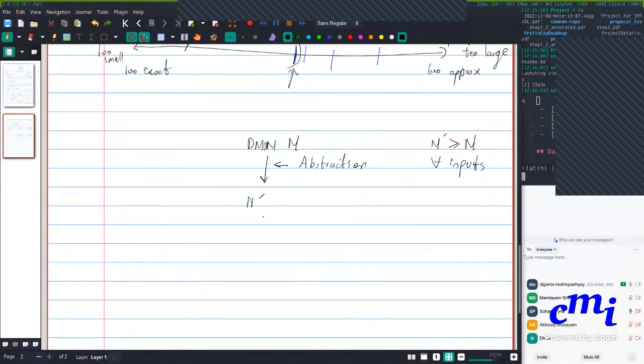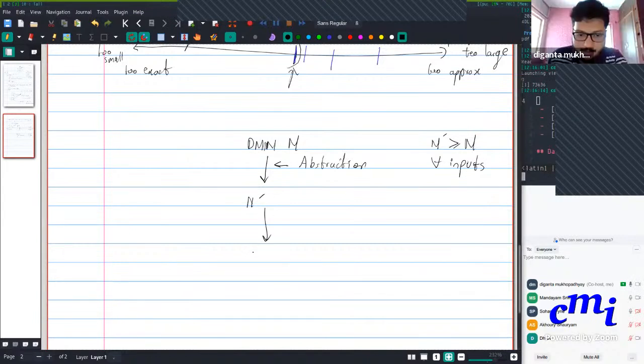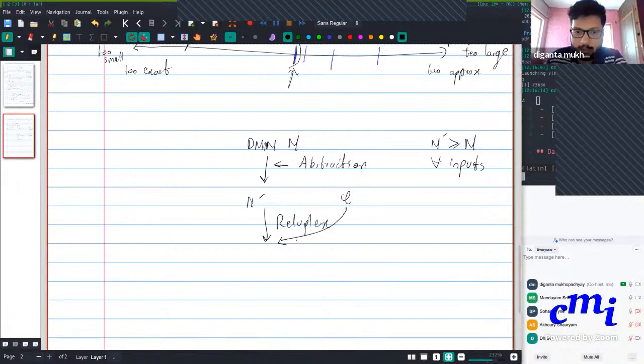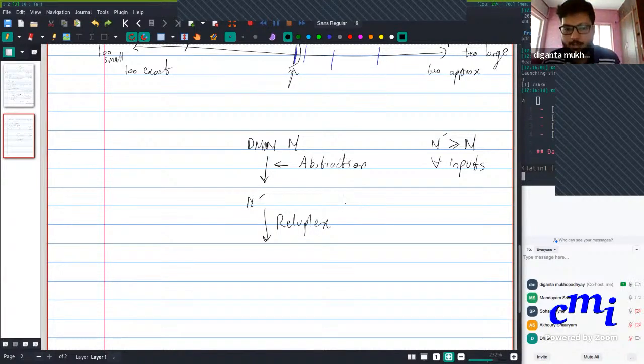So now you pass this to Reluplex, and you also have the property. And remember, the property is going to be some upper bound on the output. It'll have input properties, but you also have an upper bound on the output. So you negate that and pass it to Reluplex.